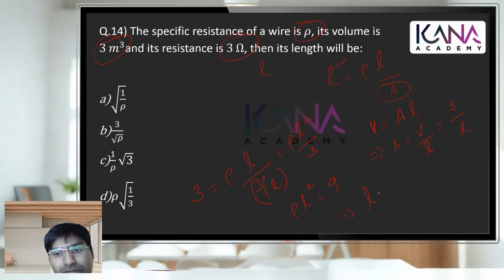So this means L is equal to 3 by root rho. So it's option B.